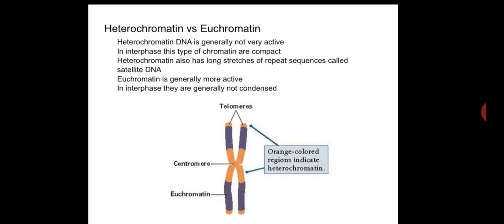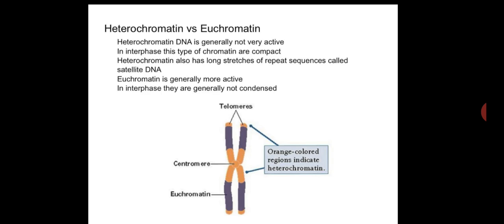Usually they are less condensed and much more active. They can code for different types of proteins. That's why we say they are active. The DNA in those regions is very active. It has some important genes and can produce many proteins.